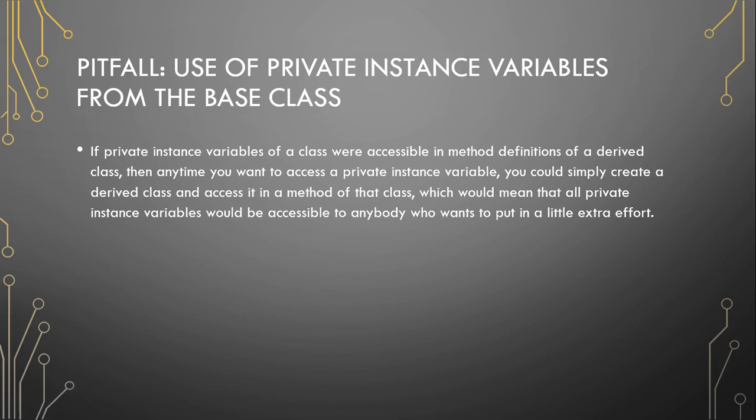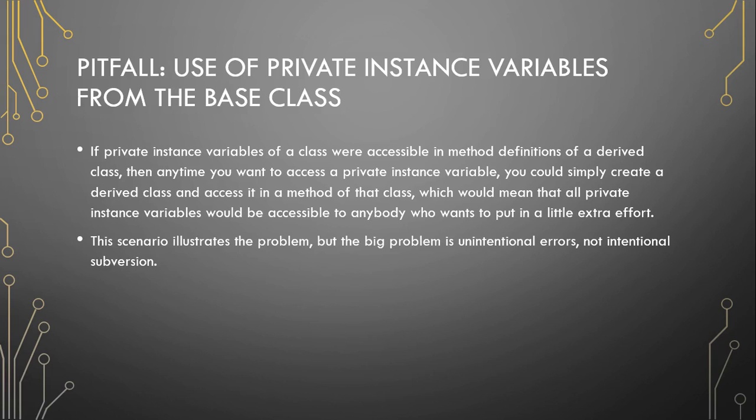Remember, the whole point of private instance variables and private methods is so that the person using the program doesn't have to know what they are. Public ones, yes, you want them to be able to call the public methods, but the private ones, you don't need them to have access to. Now, this scenario illustrates a small problem, but the big problem is that unintentional error is not intentional subversion.